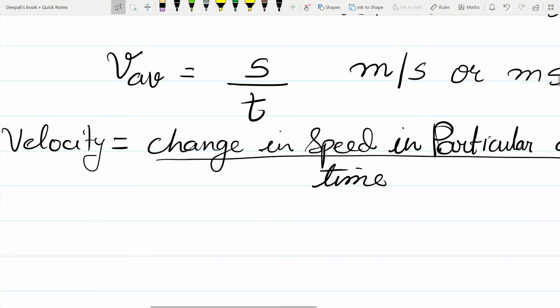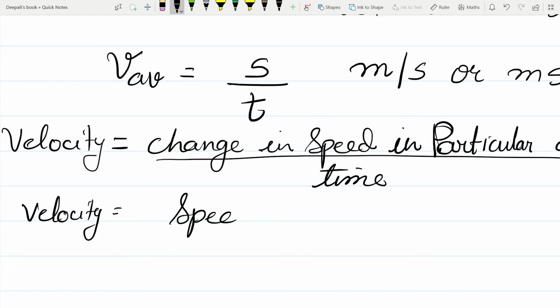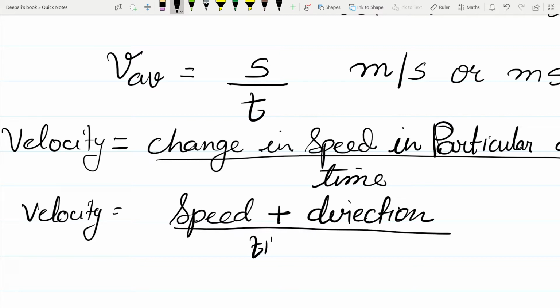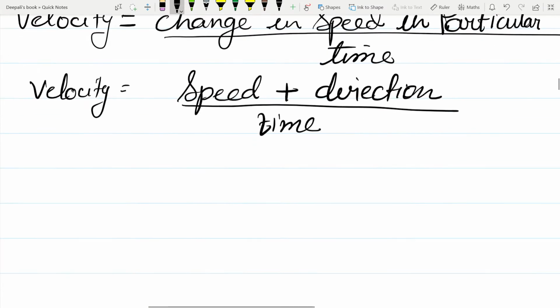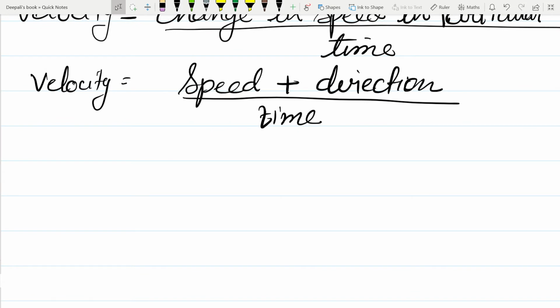Or simply you can say velocity is equal to speed plus direction upon time. The symbol of velocity is the same as speed, v.